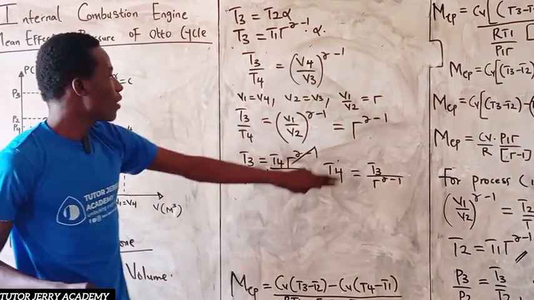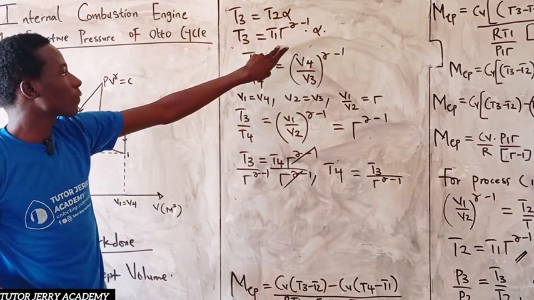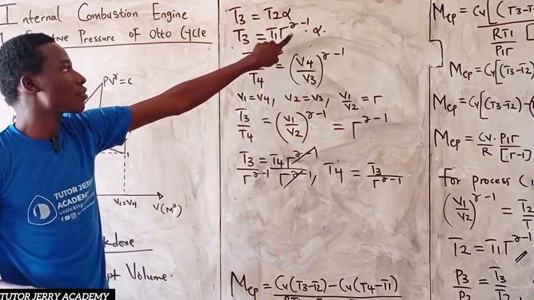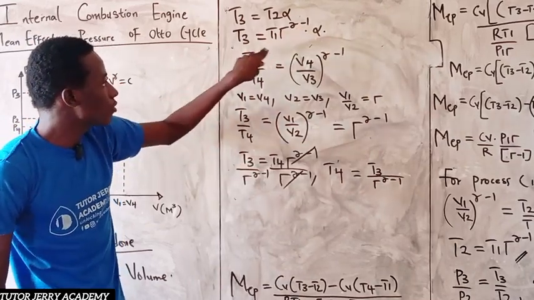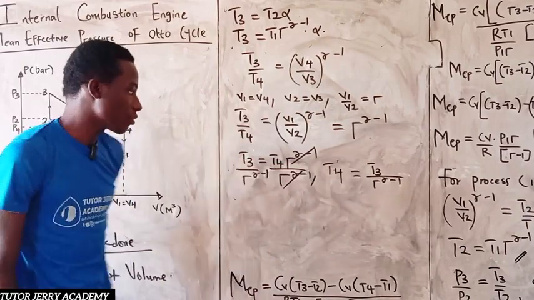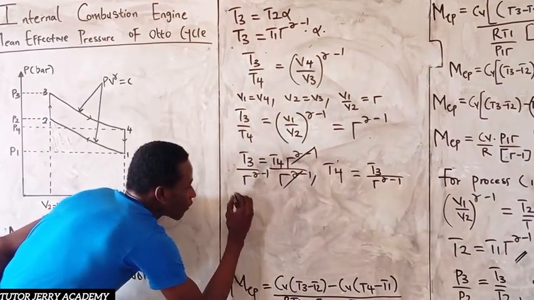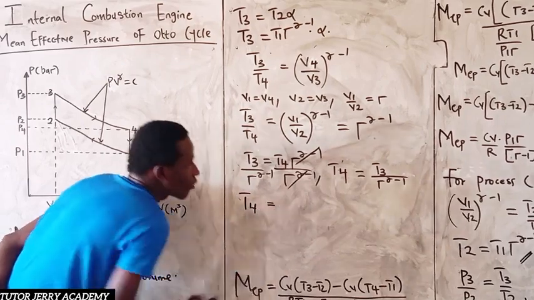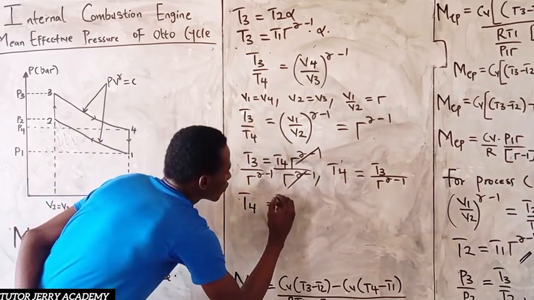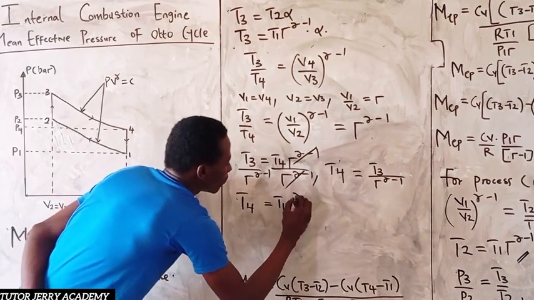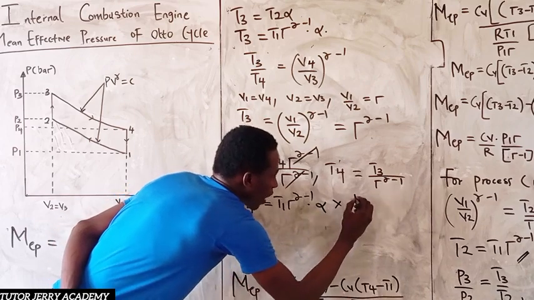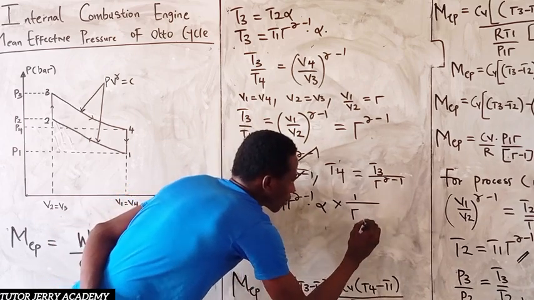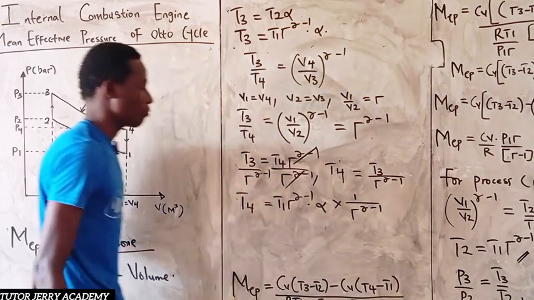So now we have established already that T3 is equal to T1 compression ratio to the power of gamma minus 1 multiplied by alpha. So I'm going to be substituting this value of T3 in this equation. If I do that, I'm going to have T4 equal to T1 compression ratio to the power of gamma minus 1 multiplied by alpha, multiplied by 1 over compression ratio to the power of gamma minus 1.